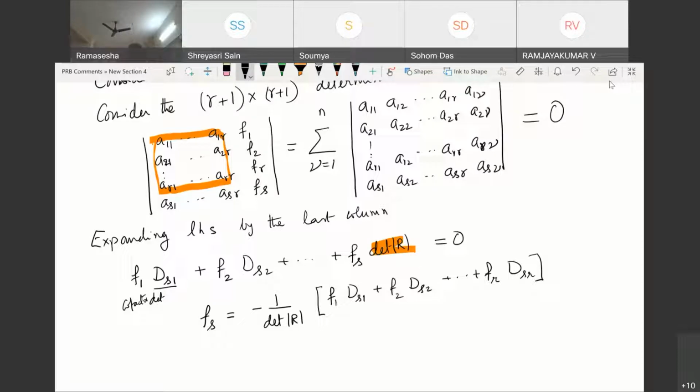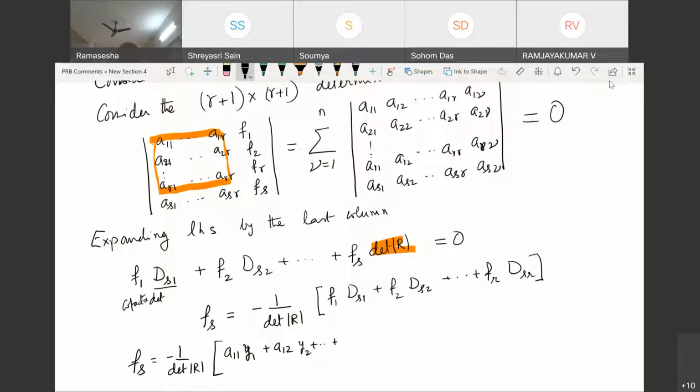So I can actually write it as F1 and others I can expand, right? So I can say Fs is equal to minus 1 upon determinant R into F1, which is A11 y1 plus A12 y2 plus etc. plus A1n yn, right?